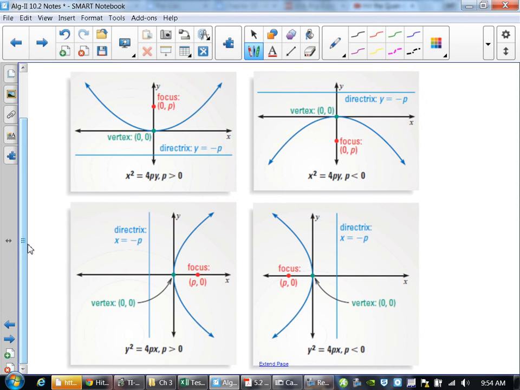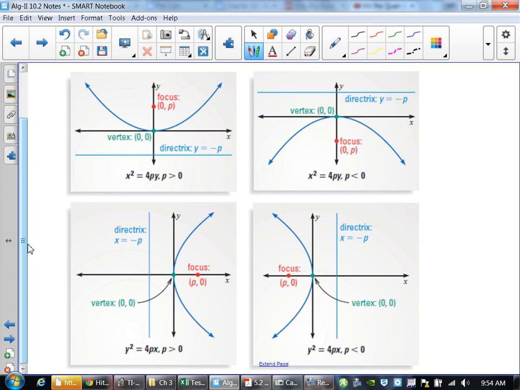So if it's opening to the right, that means p is positive. If it's opening to the left, that just means p is negative. All of these things here are showing that. If it's opening upward, it means the focus is on the inside and the directrix is below it.